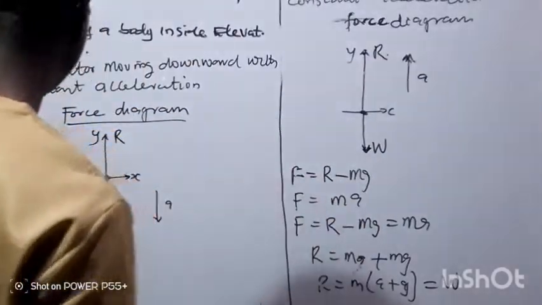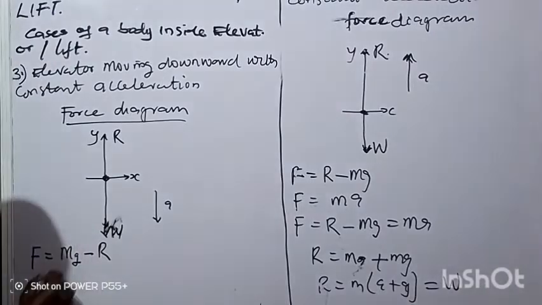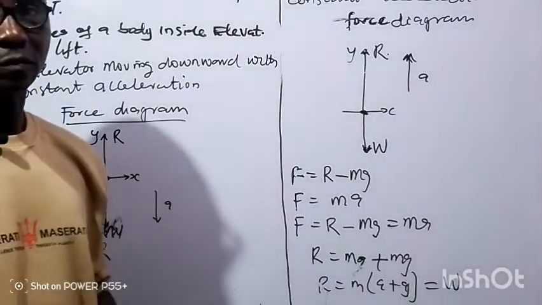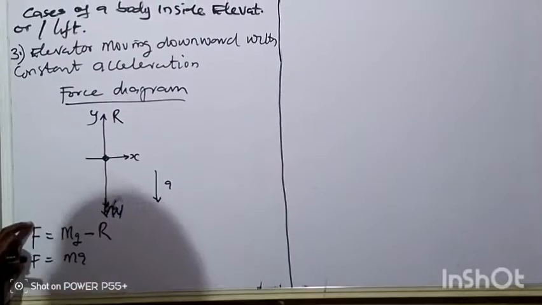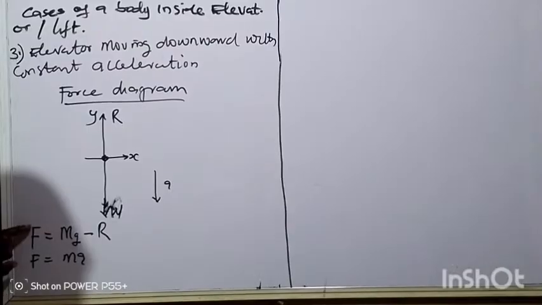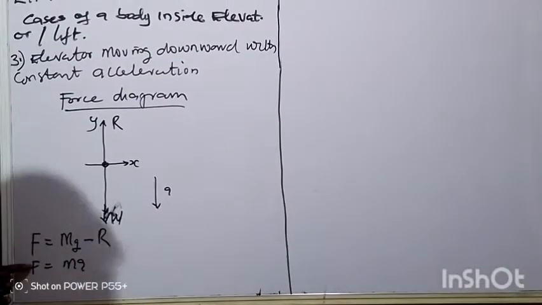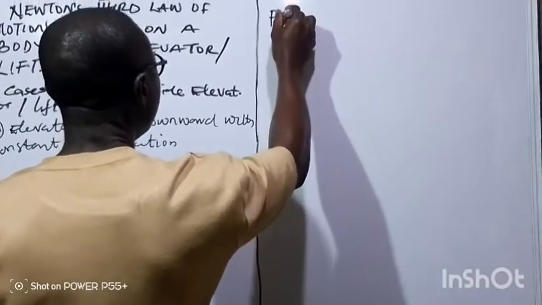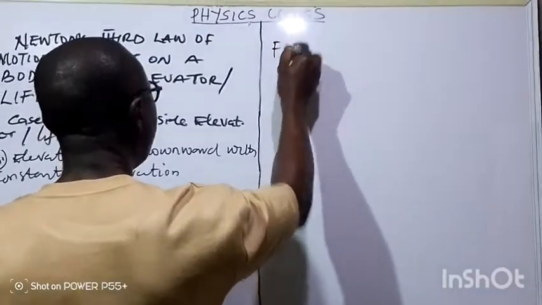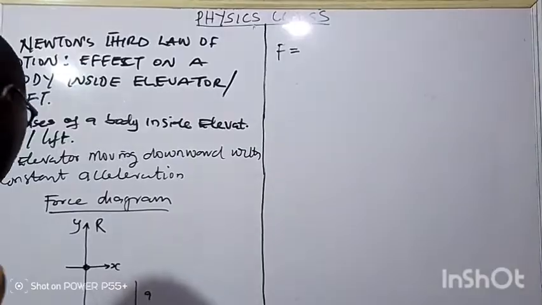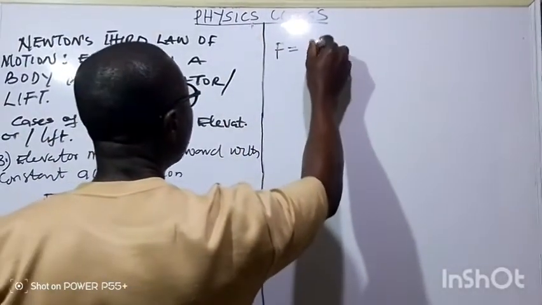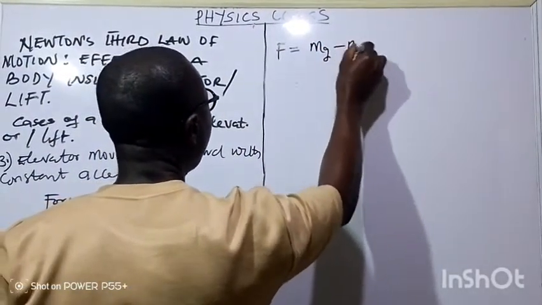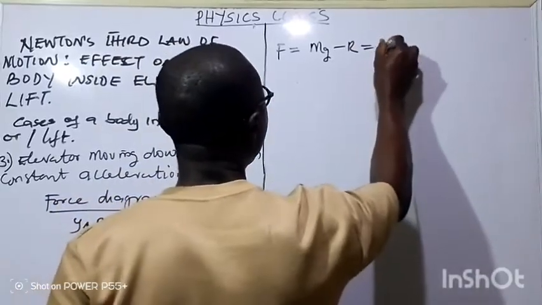The accelerating force acting downward will be equal to ma. Since both are force, we can say that F, the resultant force on the object acting in the direction of the acceleration, is equal to mg minus R, which is equal to ma.